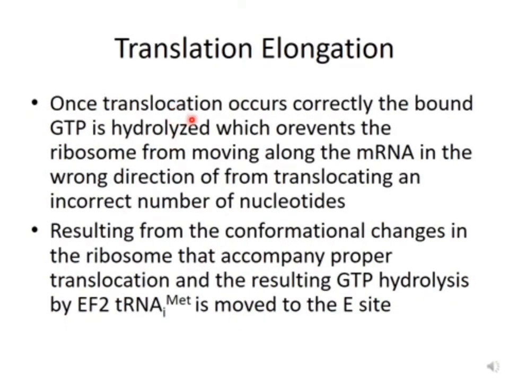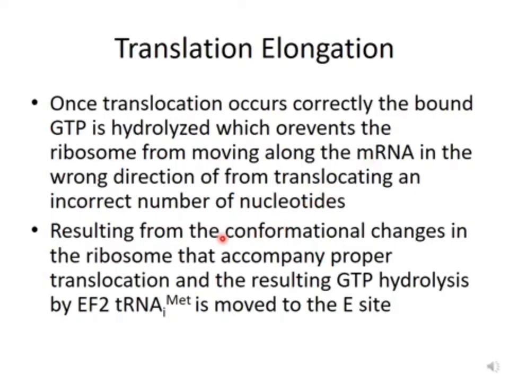Once translocation takes place correctly, the bound GTP is hydrolyzed. This prevents the ribosome from moving along the mRNA in the wrong direction or by a larger or smaller value than 3 nucleotides, which is a codon.